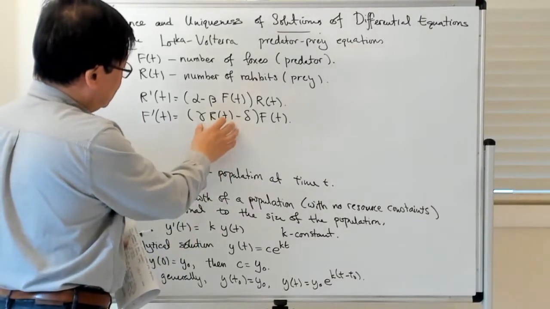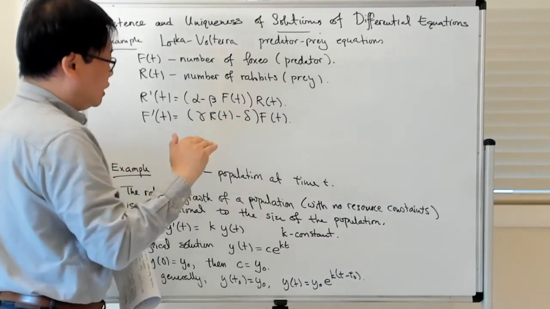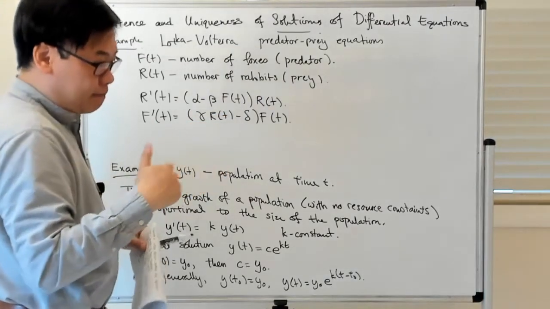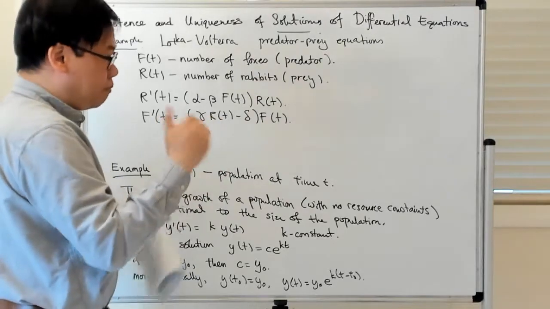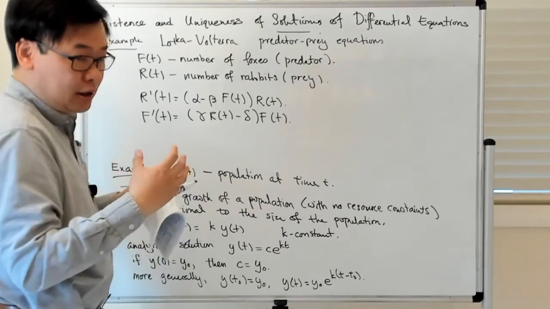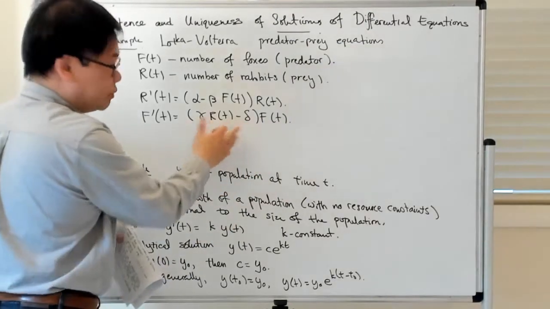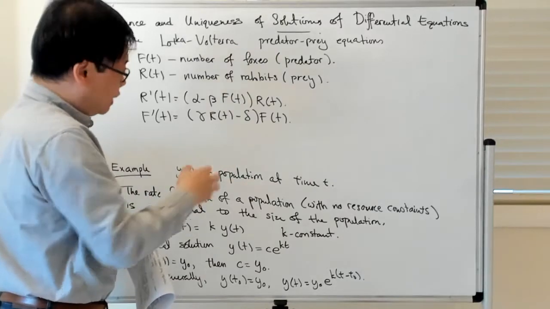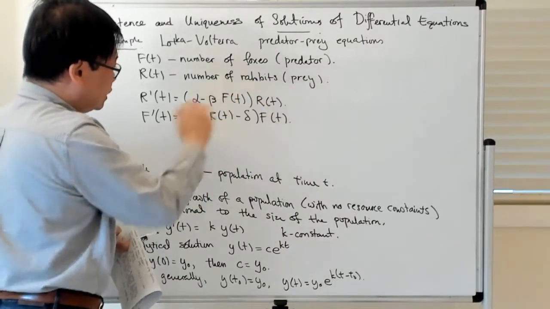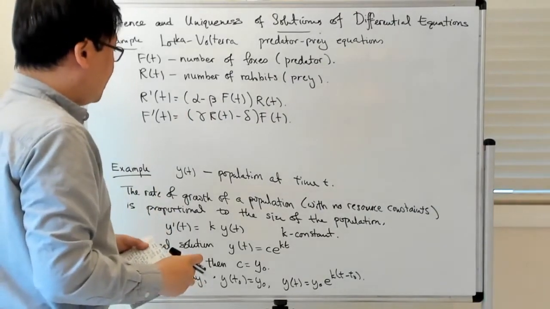And so the basic idea is that there is a maximum population size which the rabbit population can sustain, given the number of foxes there are. That term represents the resource constraint, which depends on the number of rabbits available.